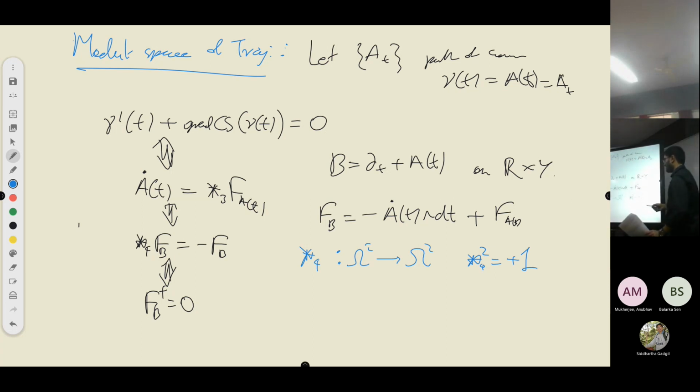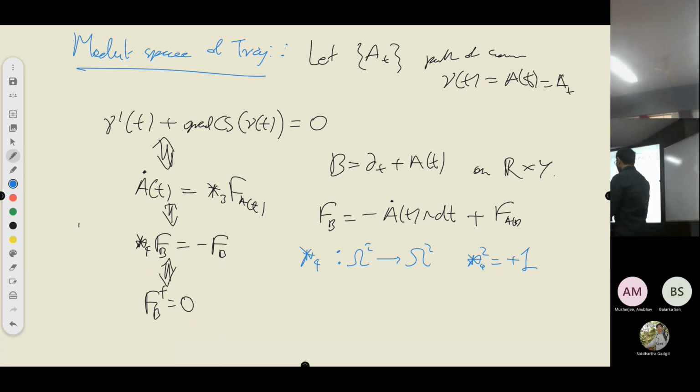So what that means is we can spectrally decompose it into eigenvalues plus 1 and minus 1, and the plus part denotes the projection to the plus 1 eigenspace, and there's a minus part which denotes the projection to the minus 1 eigenvalue subspace. Now what we're asking is that our connection is anti-self-dual, so that it's an eigenvector with eigenvalue minus 1, and so that's asking for the projection to the plus part to be 0.